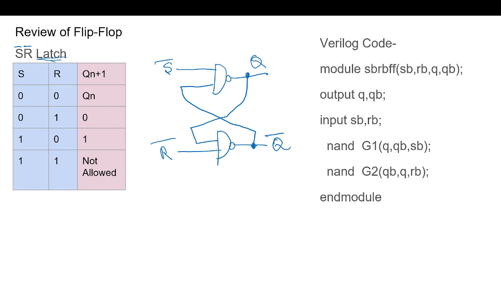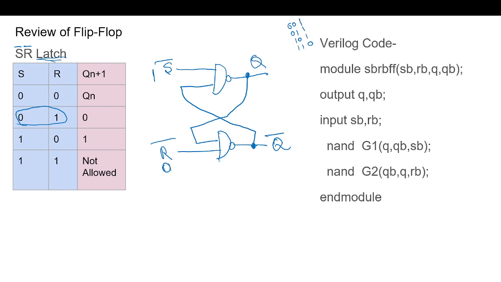Okay. So first let me start with the 0 1 combination. If S is 0, S bar is 1, R bar is 0. If the gate is a NAND gate, if I write the NAND gate truth table 0 0, 0 1, 1 0, 1 1, for the 1 1 combination it will be 0, for the other combinations it will be 1.